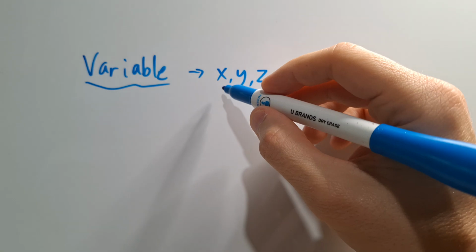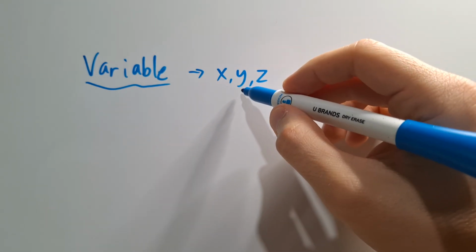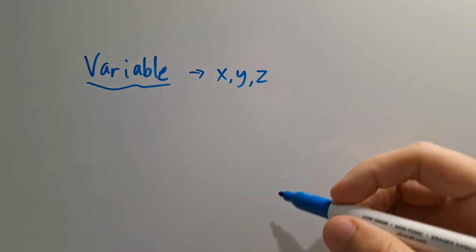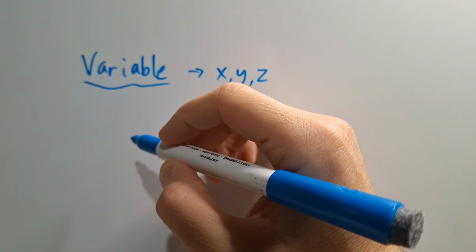I'd say typically most of the time x and y are the most popular variables to use. And these represent unknown numbers, and we'll see them a lot throughout algebra. Sometimes in a problem, the variable may not be defined, and you may have to come up with your own variable, and we'll talk about that in a moment.